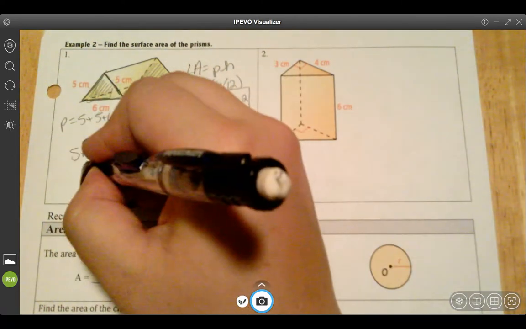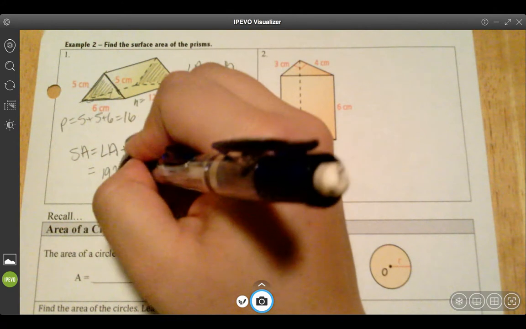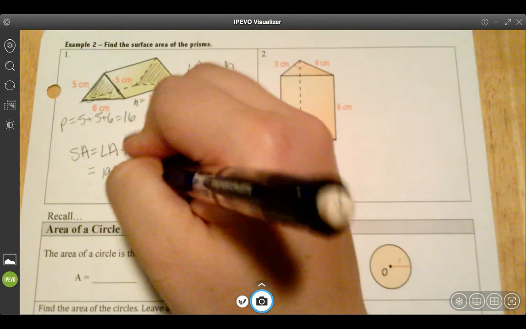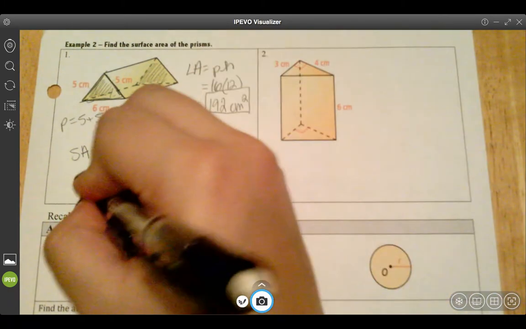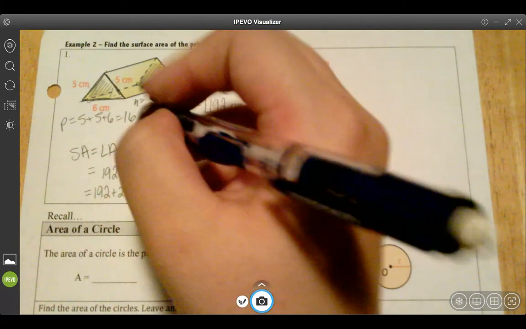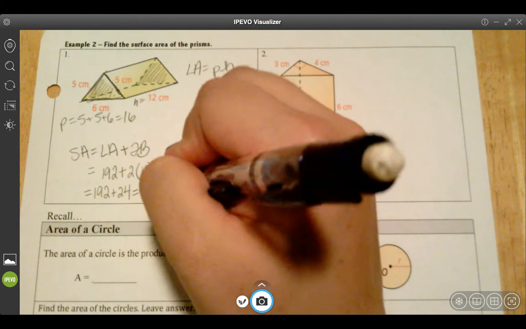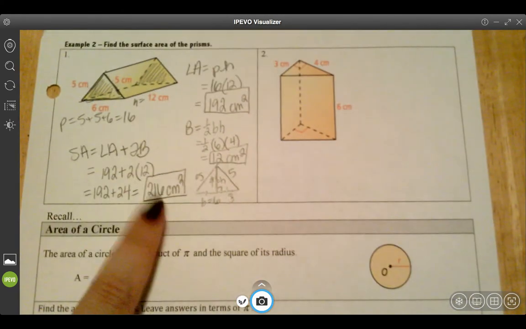So surface area equals lateral area, 192, plus 2 times, because I've got 2 bases here, 12 for the area of those triangles. 192 plus 24 equals 216 square centimeters for area. And that is our final answer.